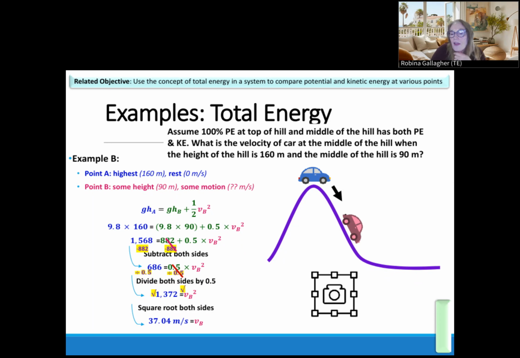So on the test, you don't have to come up with all of it. What you have to do is the calculations, and you have to put in the numbers from the test. Does that make sense? The formula is going to be there.